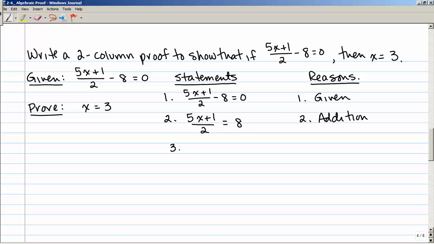Continuing to solve the equation, I would multiply both sides of the equation by 2 to get rid of the fraction. So multiplying both sides by 2 is going to give me 5x plus 1 equals 16. And because I multiplied both sides of the equation, this is the multiplication property.